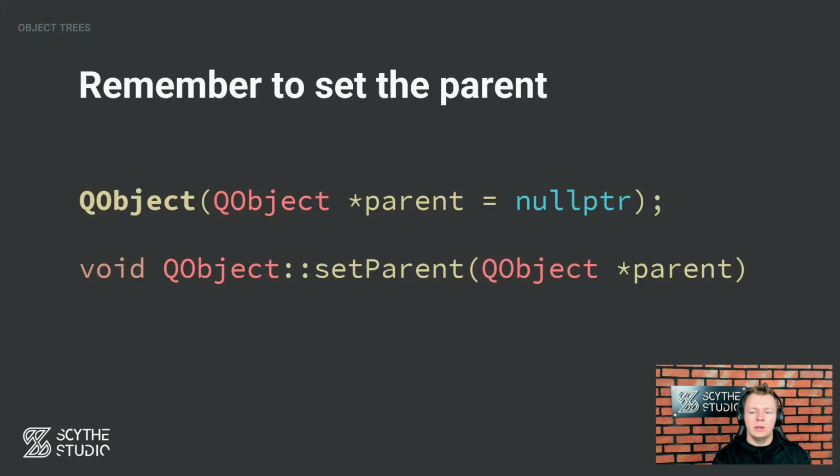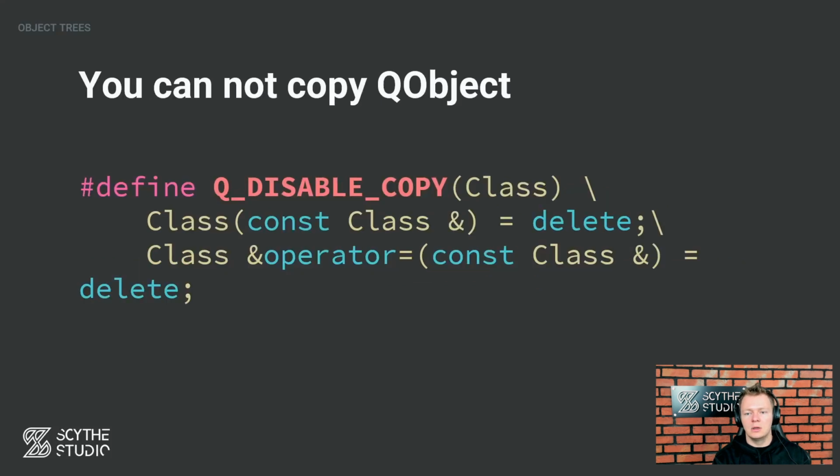Thanks to Qt's parenting system, the programmer at worst worries about deleting only one instance of the root QObject. And at best, he can define the root QObject on the stack, so it will be deleted when it leaves the scope of its visibility, making memory management far easier.